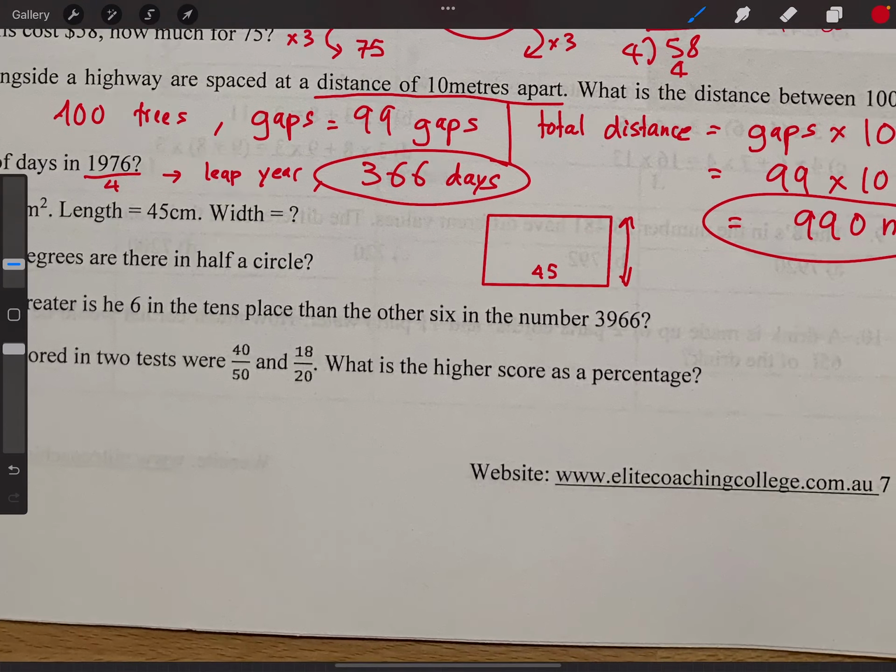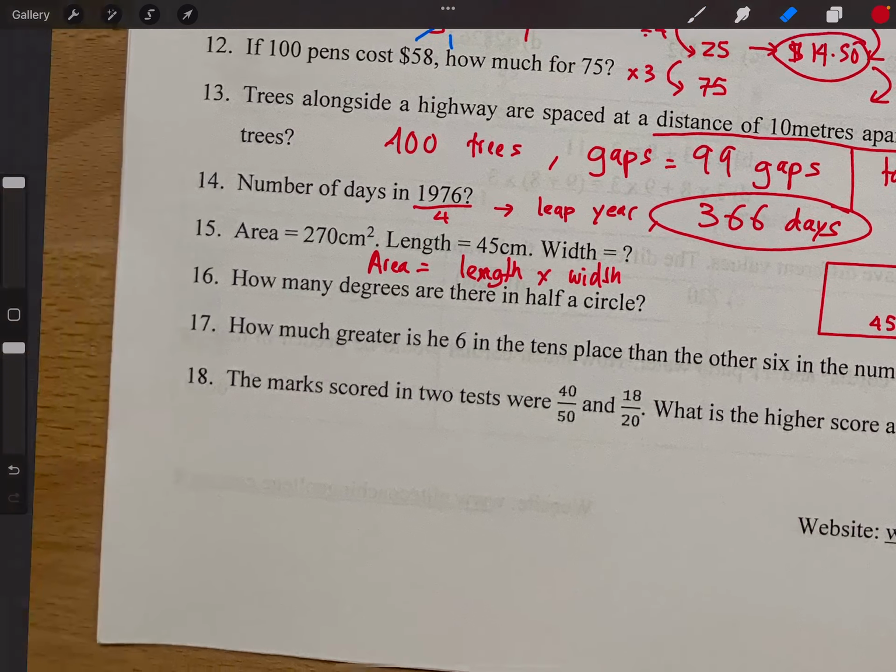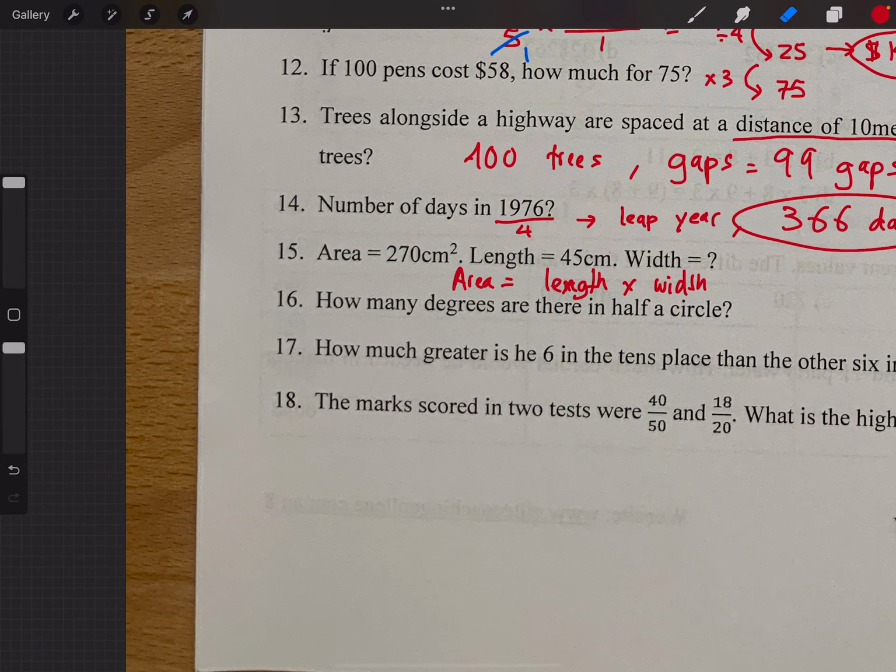The area is equal to length times width. That means 270 is equal to length, which is 45, times width, an unknown number.